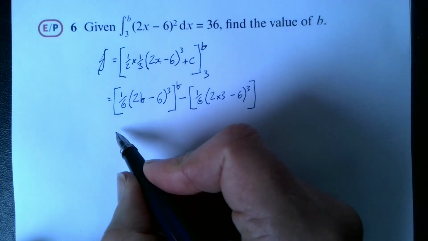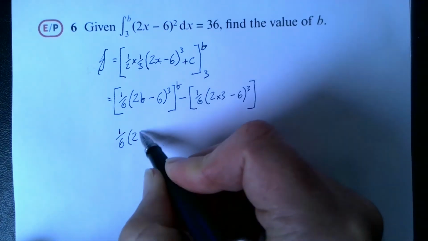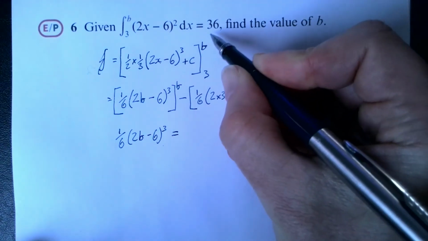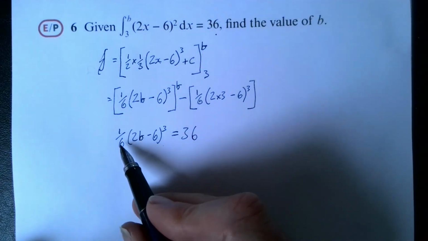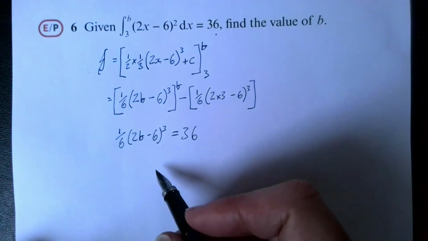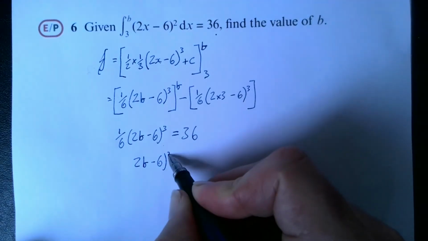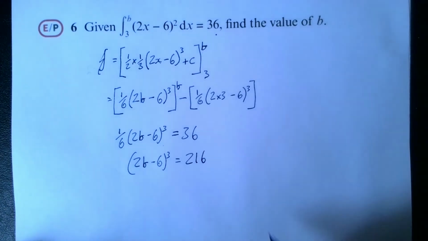So all we need to think about now is that 1/6 of (2b take 6)^3 is going to equal what we've been told at the beginning, 36. Right, so next multiply both sides by 6 gives us (2b minus 6)^3 is going to equal 36 times 6, which is 216.